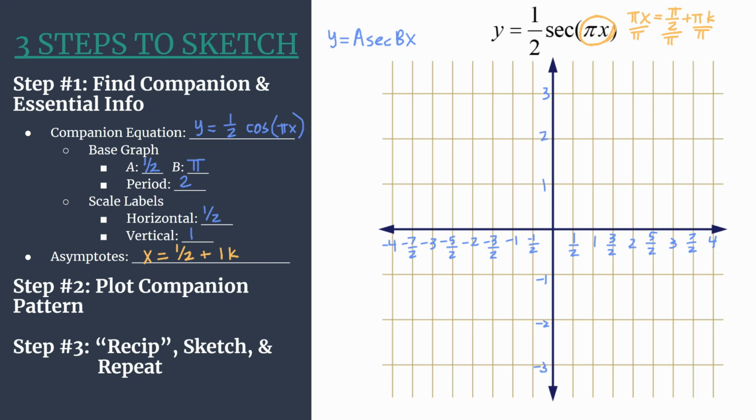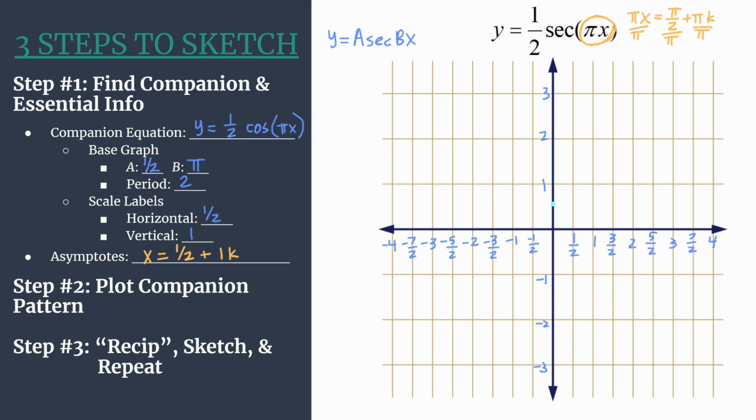So remember that a cosine equation that is unreflected should have a pattern of maximum, x-intercept, minimum, x-intercept, repeat. And we're starting on the y-axis. So we look to A to get our y-coordinate. We see A is 1/2, and so our first point of the pattern should be our maximum at (0, 1/2).